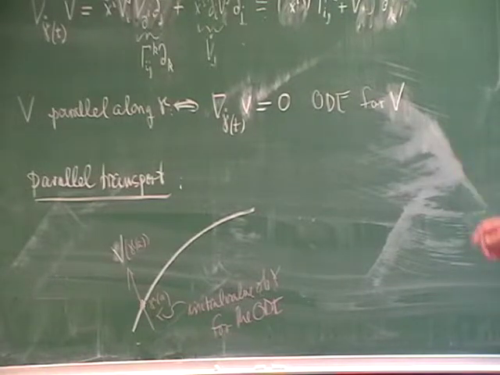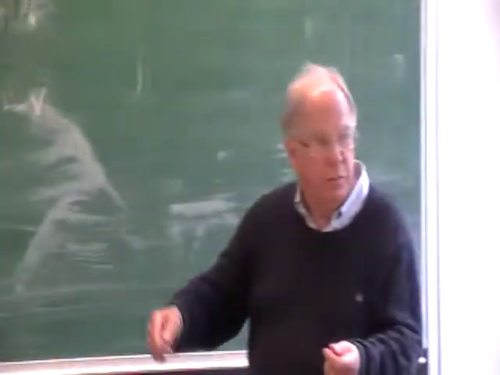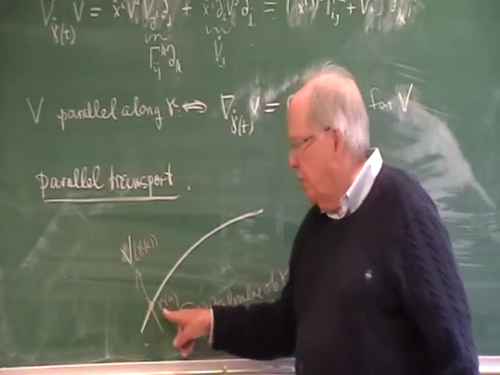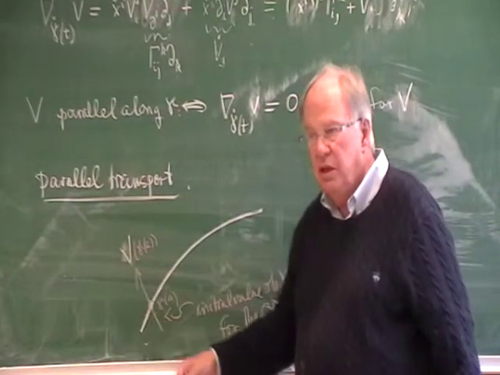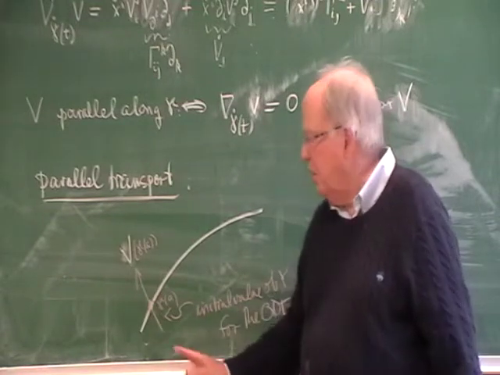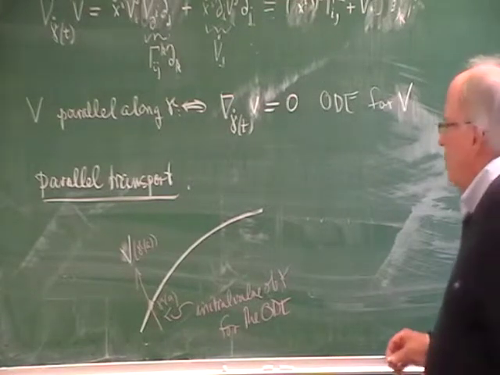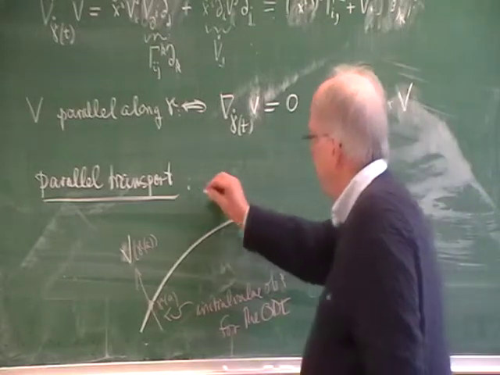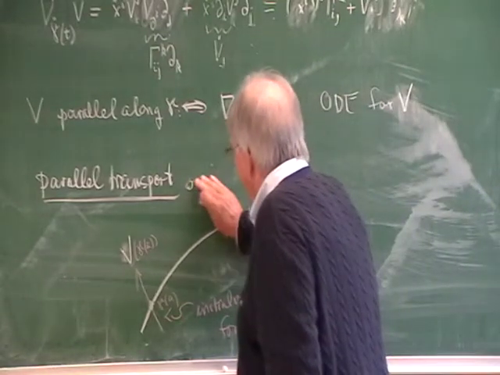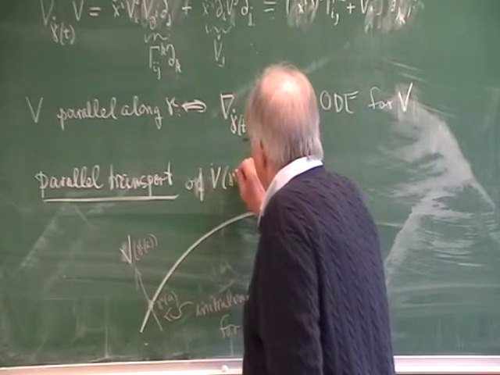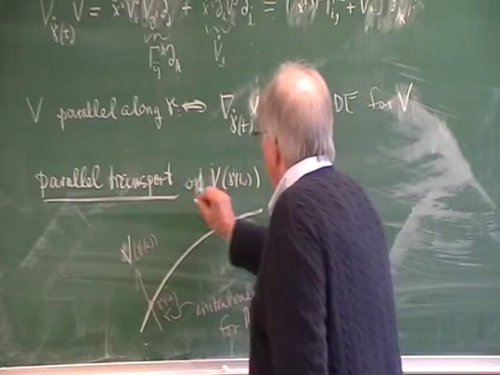So this is an ODE for V. Regard V as unknown, and you want to know what it means to parallel transport an initial vector, which is an initial point and an initial vector in the bundle. I'm thinking here of the tangent bundle, but it works in any bundle. And that solves the equation. So this is the parallel transport of V at gamma of t0 along gamma.